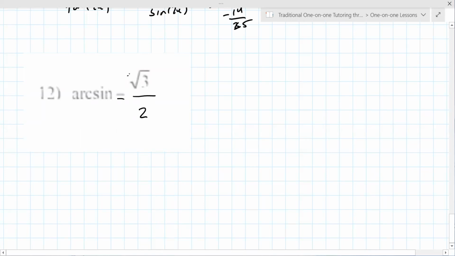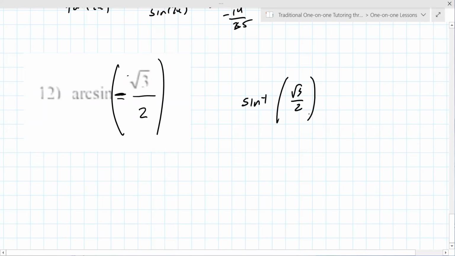So the reason I was asking about the calculator stuff is you can go to your calculator and type, I think it's negative here, arc sine square root 3 over 2. And if you do this when your mode is in degrees, either one of you have that handy? Yeah, I think that's degrees.